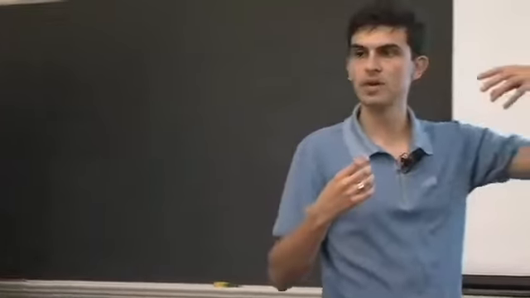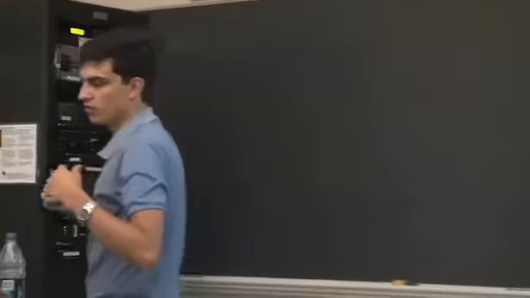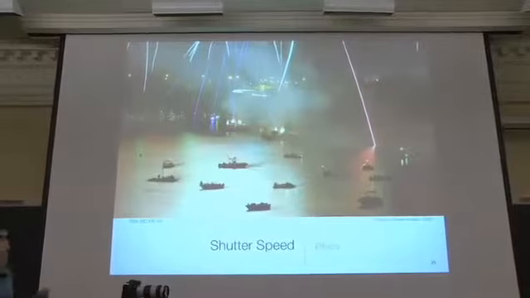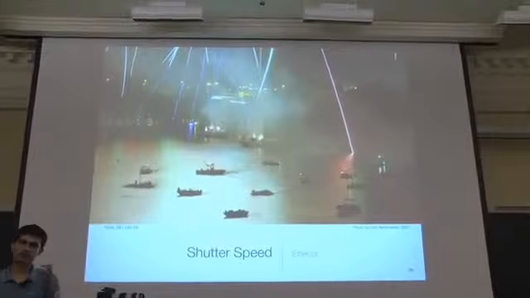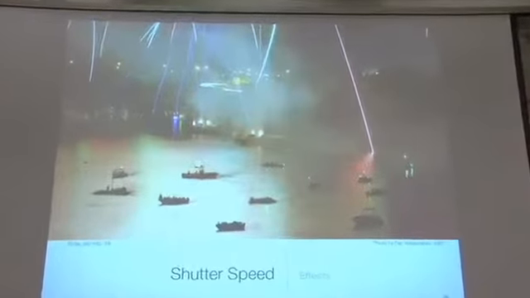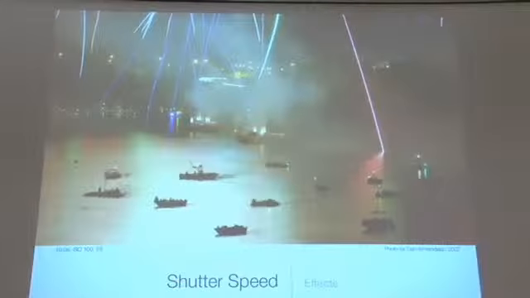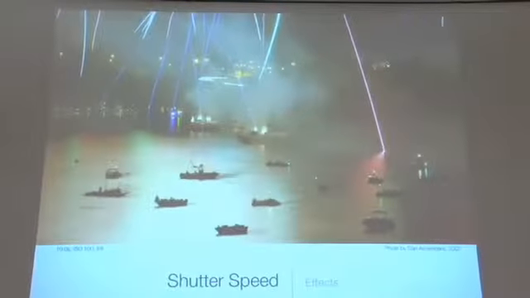But this is sometimes an effect that we want. So sometimes you want to be able to have the shutter open for a long period of time and get motion and movement within it. So fireworks, for example, is one thing that you really want to see the motion of. If you take fireworks photos with a typical camera, sometimes it will try to make the shutter speed too fast so that you only see a very small part of the firework.